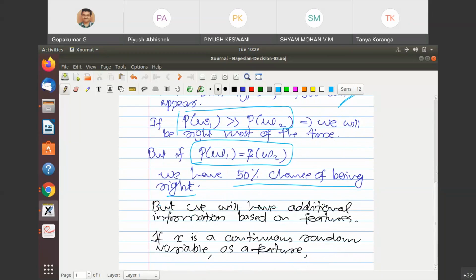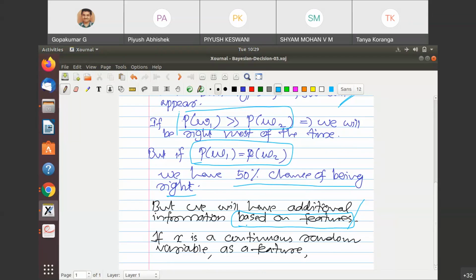Suppose we bring in some additional information, maybe after observing the fish. After observing the fish, you have a set of features available for the fish, or whatever sample you are observing.